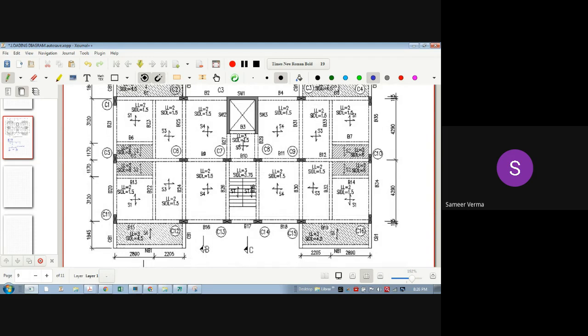Yes sir. So here you can see this SIDL is written here, LL is written 2, then SIDL is 8, that is sunk load and everything. So generally, whenever we do any major projects, we need to first prepare the loading plans. This is nothing but a loading plan where you need to mention all loads, live loads and SIDL on the plan.